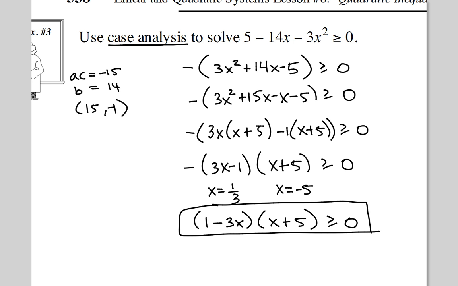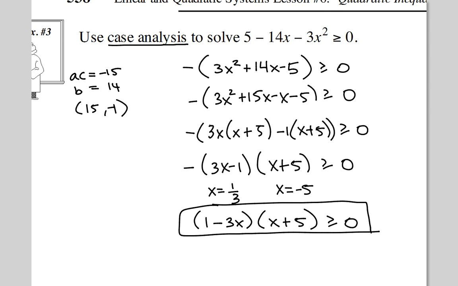That way I'm just looking at two terms. So all I did was multiply the negative into the first term. And the only reason I took that negative out is because I'm not used to factoring with this negative there. So that was just a personal thing that I do. And then I don't like this negative out there, so I'll put it back in. So we're looking at this now.